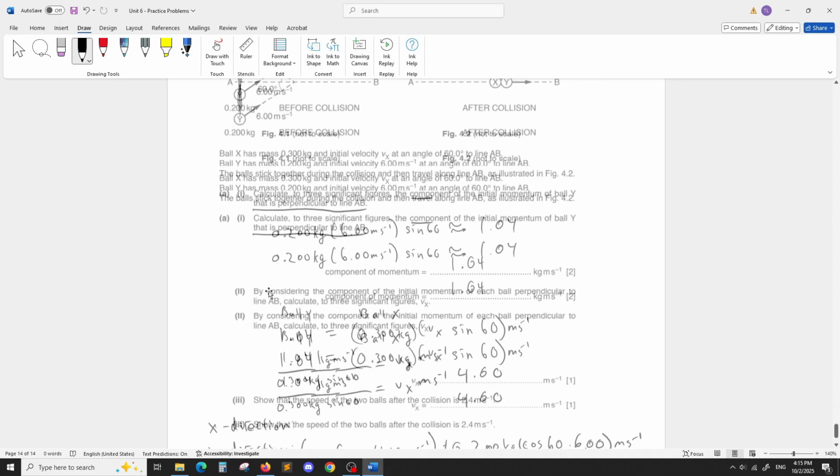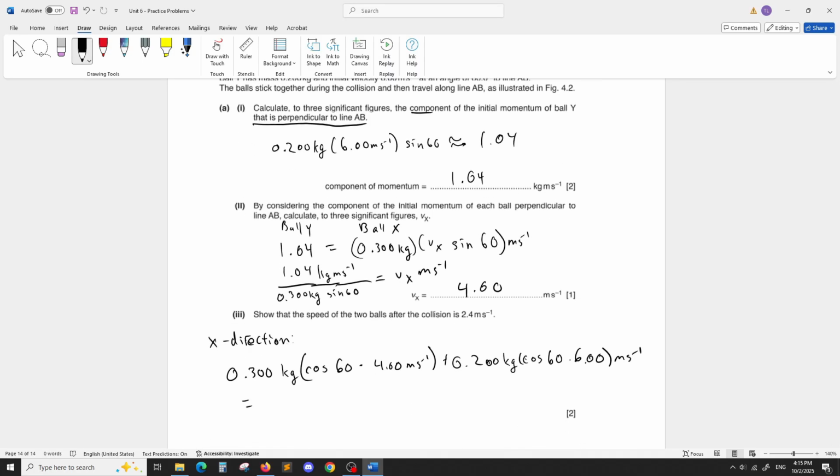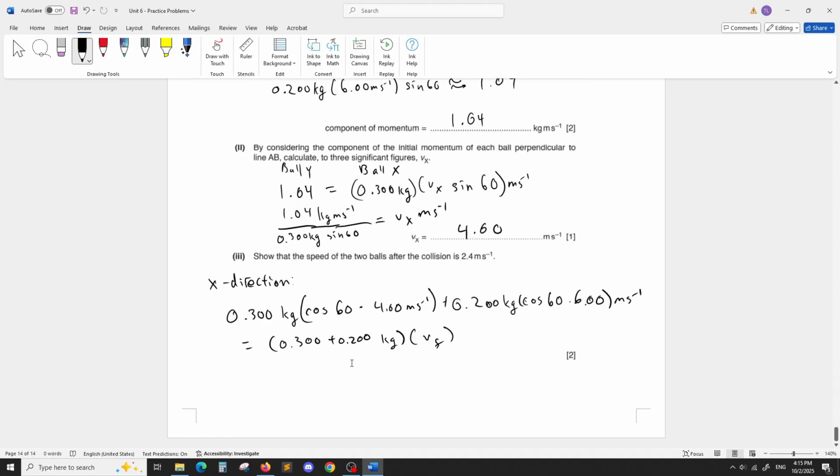And then that's equal to the mass of x plus y, multiplied by what we're solving for, vf, because vx was the velocity of x initially.